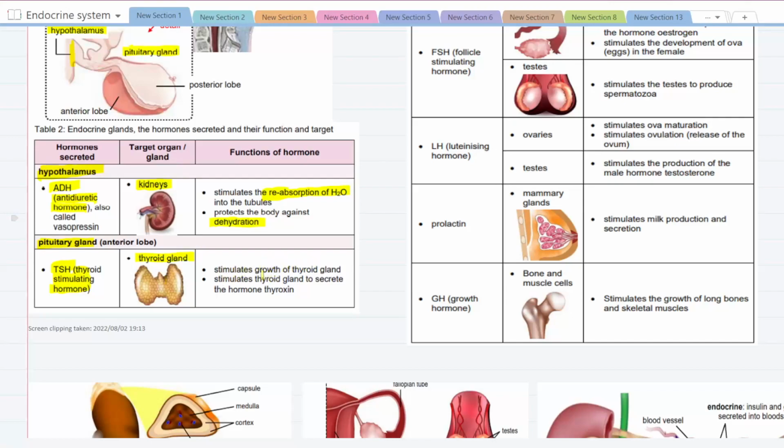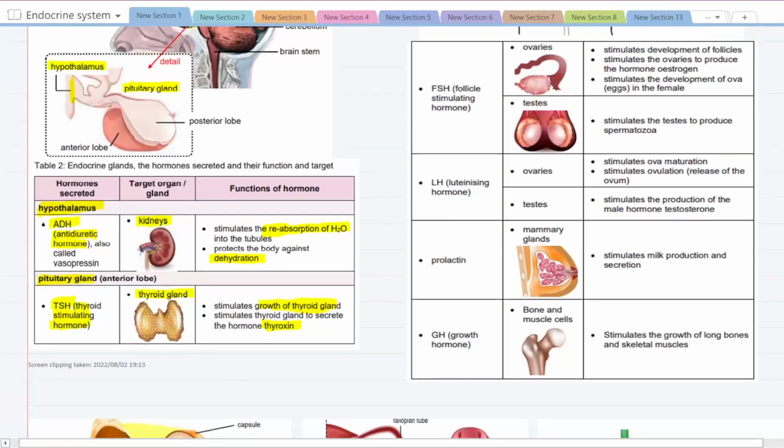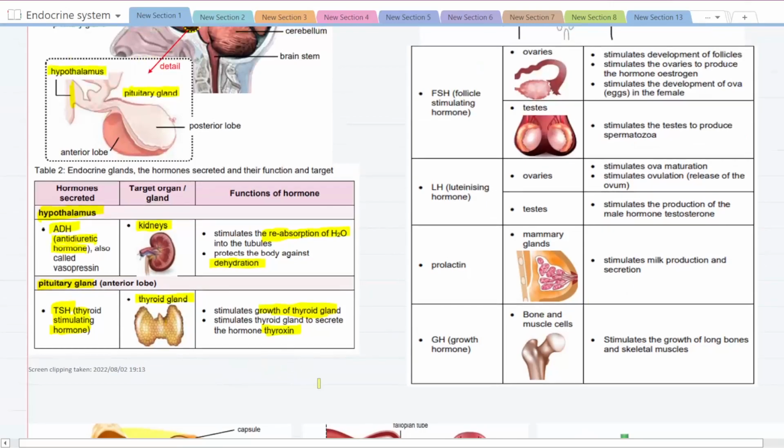And now this stimulates the thyroid or the growth of the thyroid gland, as well as it causes the thyroid gland to secrete thyroxine.